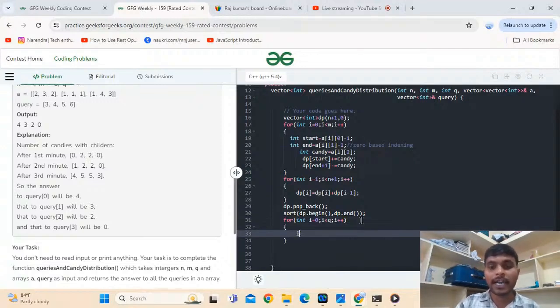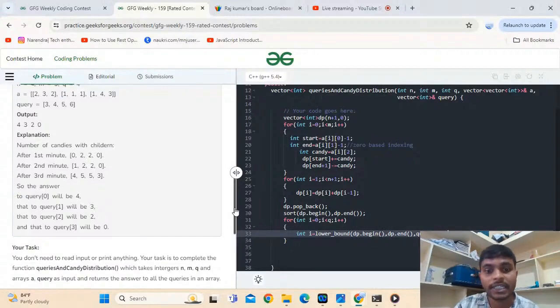Now here I am finding, by using the lower bound function, the lower bound of dp dot begin to dp dot end, with queries of I. Here I am finding the first index.